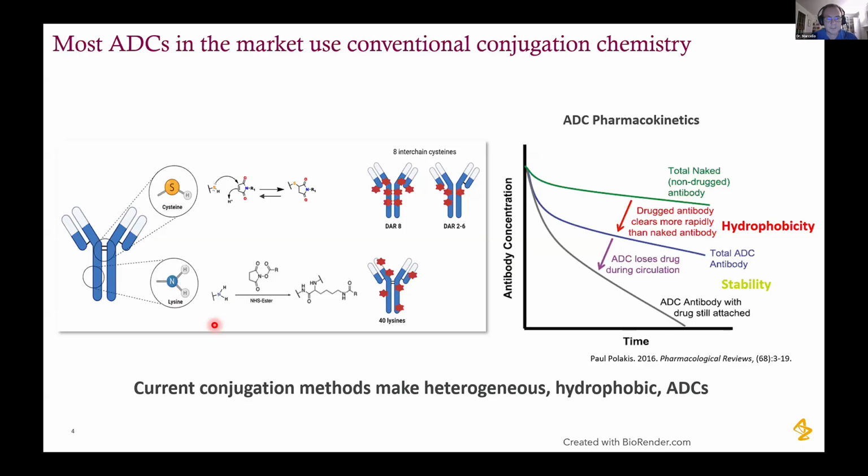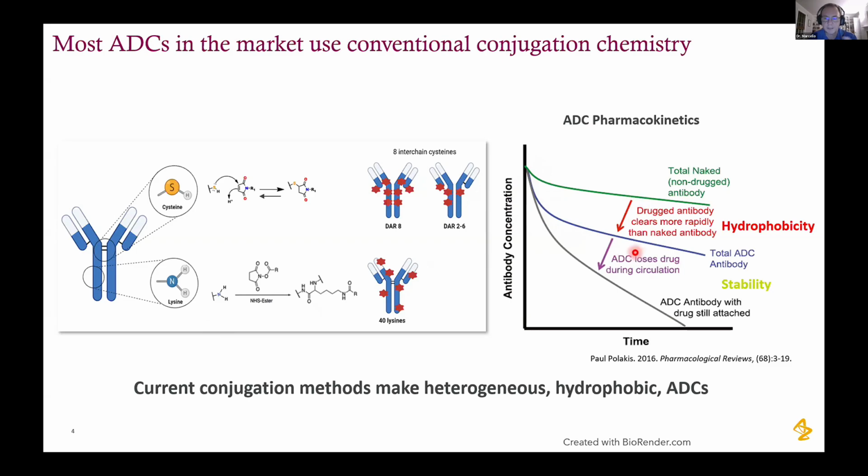And so these limitations have a functional impact on ADCs. One example is shown on the right, and this is the pharmacokinetic curves of an antibody, a naked antibody at the top with green. As soon as we attach hydrophobic payloads to the surface of an antibody, we increase the hydrophobicity and we see accelerated clearance of that antibody.